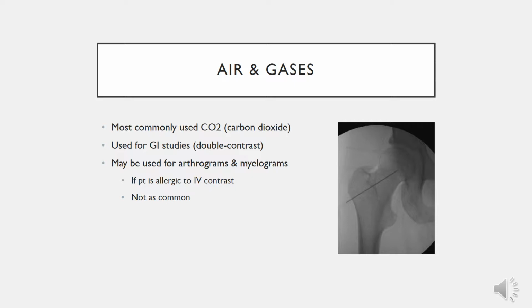Occasionally, a radiologist may opt to use air as the contrast agent for an arthrogram or a myelogram. While this is not common, it's important to review each hospital's protocols for these exams because maybe there's a radiologist that does like to use air instead of an iodinated contrast media agent for those two exams.